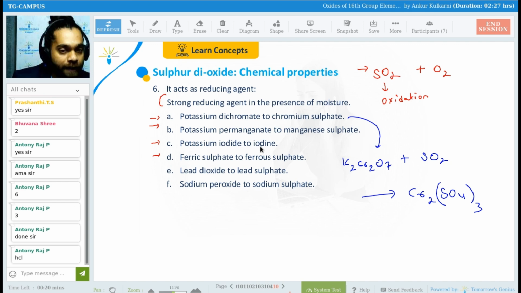Now in chromium sulfate, what is the oxidation state of chromium over here? Can anyone tell me?